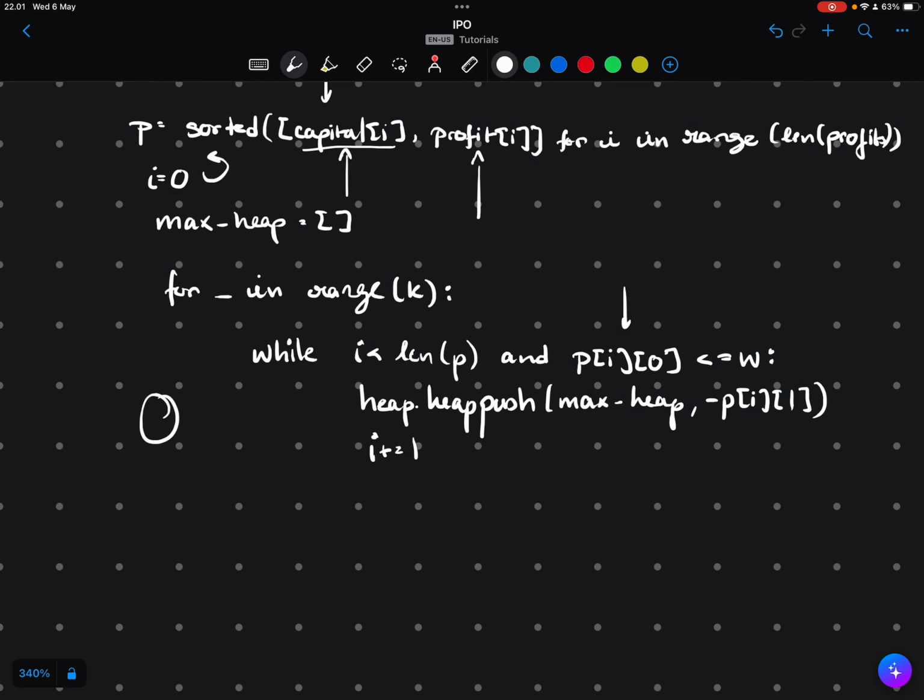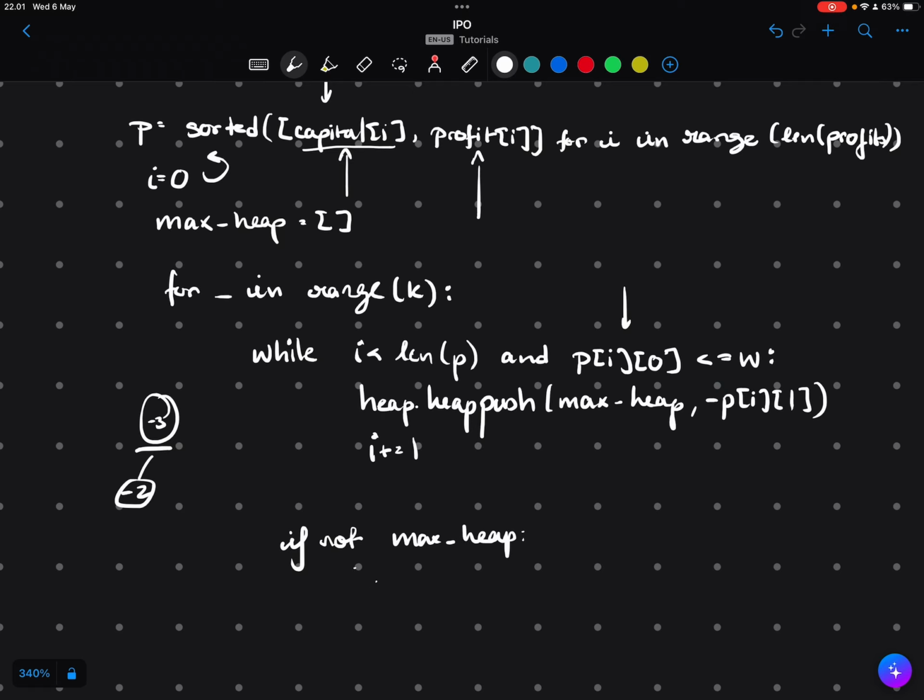We will push it onto the heap, and for this example it would look like minus 3 on top of it, and we would also have minus 2. This is after the first project. And as you can see, the one that we want is the one at the top.